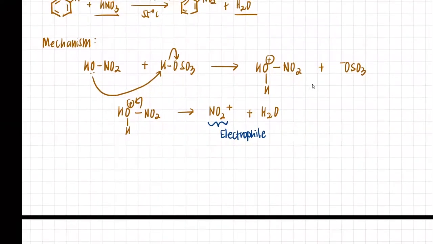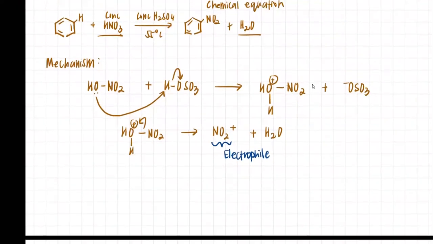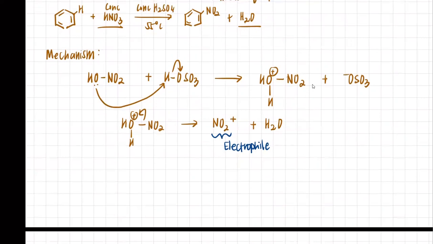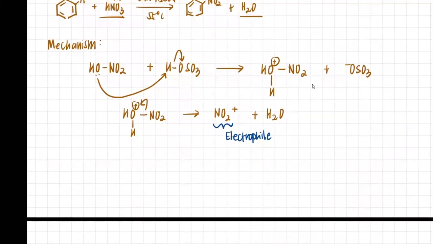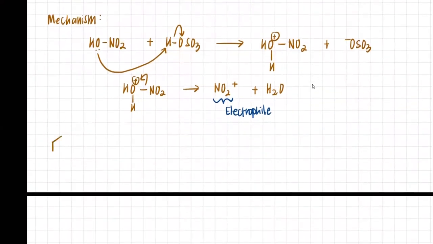This is your first step, production of the electrophile. In the system now, you have already prepared your electrophile, so you have the electrophile inside your system. Next, benzene will come and attack. So this is the second step.